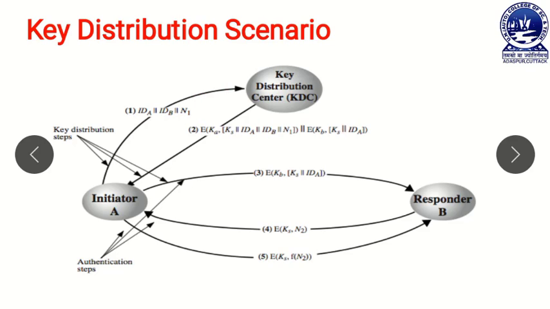Then next it includes a message for the responder B, and that message is also an encrypted message. This message is encrypted using the secret key KB, and it contains the session key KS and the ID of A. This means it first encrypts the session key and the original message using the secret key KA.